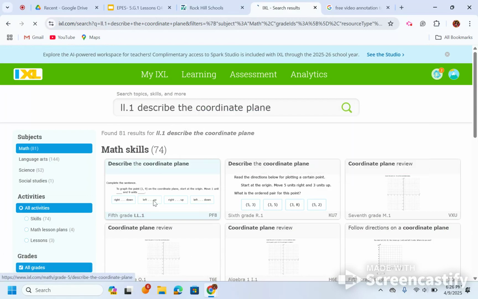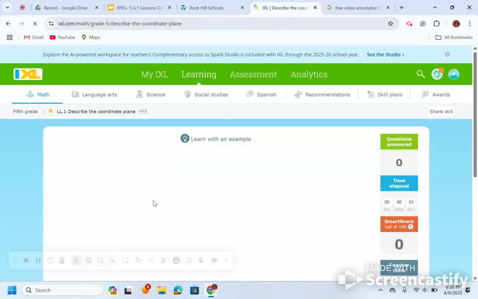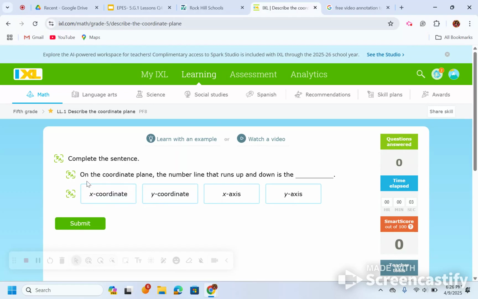As you can see, it's right here in 5th grade. You're going to choose it. For example, the first question says, on the coordinate plane, the number line that runs up and down is the y-axis.